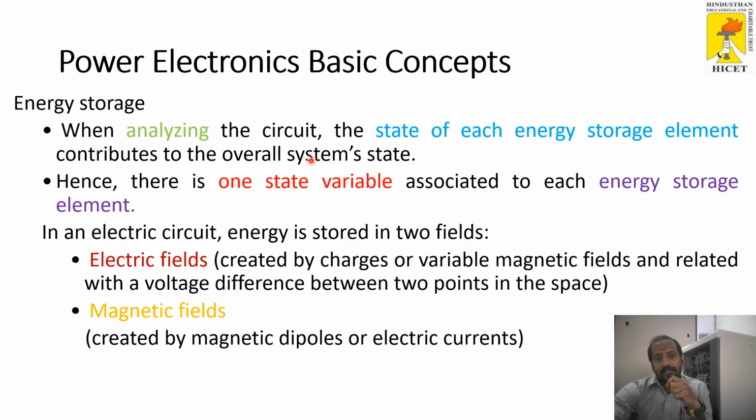Hence, there is only one state variable associated with each energy storage element. In such an electrical circuit, the energy is stored in two fields: one is the electric field and the second one is the magnetic field.